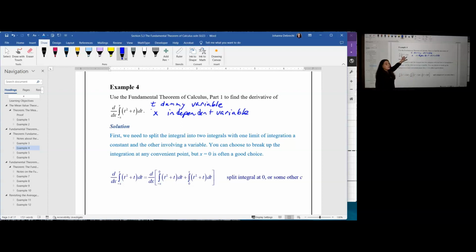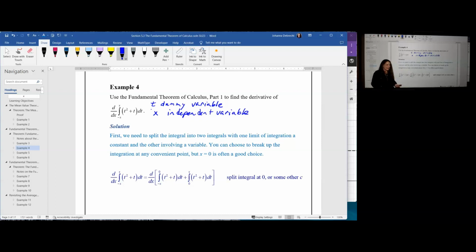That means that we have to rewrite this one. Between negative x and x, we can choose any constant we want. We don't know what negative x goes to, and we don't know what x goes to. So we can choose any arbitrary constant. 0 is often a good choice.